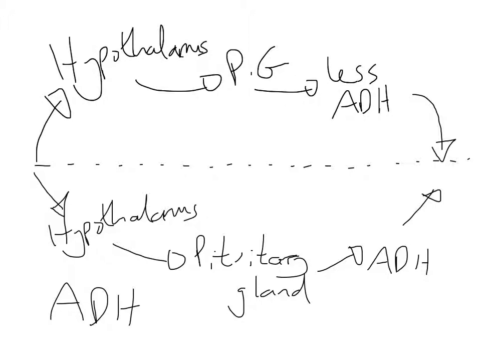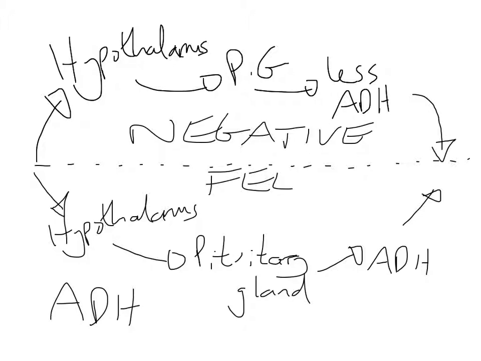Now, this process of osmoregulation is an example of negative feedback. Negative feedback is just where a change in a factor leads to the opposite change happening in order to keep things fairly constant.